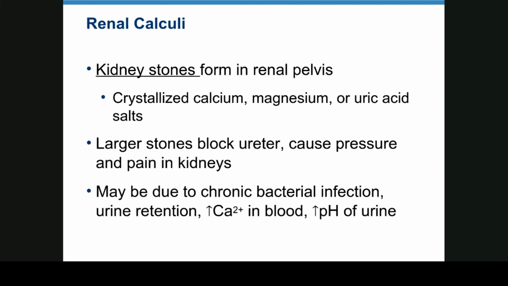Renal calculi are kidney stones. They form in the renal pelvis. Calcium, magnesium, or uric acid are the most common kinds, but there have definitely been cases in dogs of Cipro forming stones. They had a bladder infection. Their veterinarian gave them Cipro to treat the bladder infection, and the little bacteria formed a small, let's call it a snowball, for lack of a better word, to build the big snowball on.